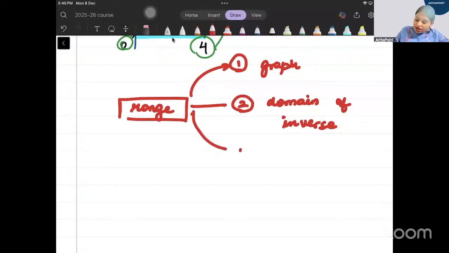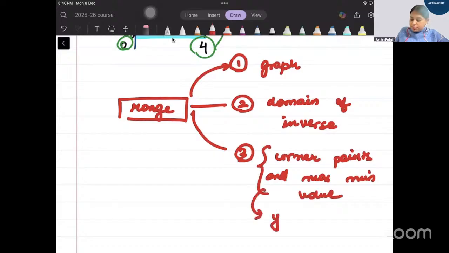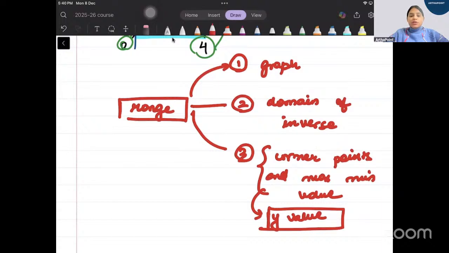And method 3 can be you find the corner points, like we did just now, and the maximum and minimum of the function to know the value of y. These can be the 3 ways in which you can find the range of the function. Is it clear? Anyone, any other method you applied in this?